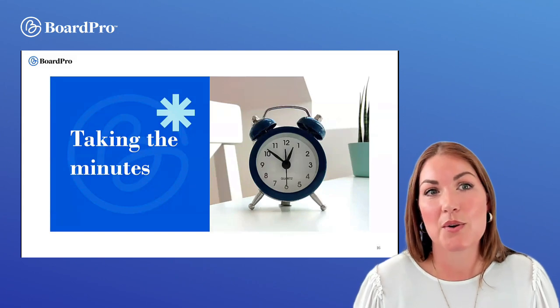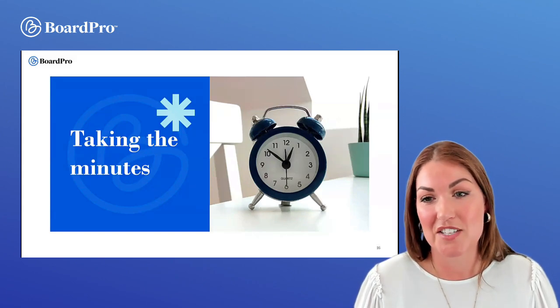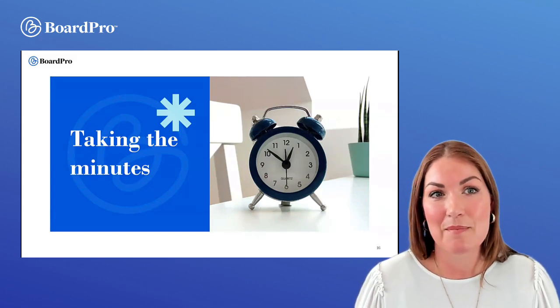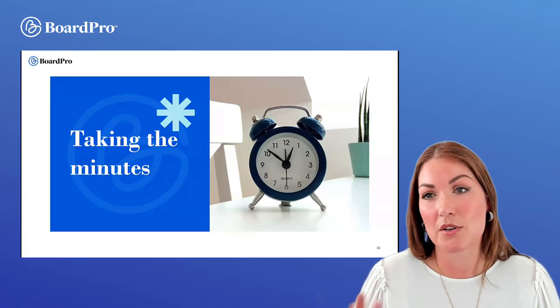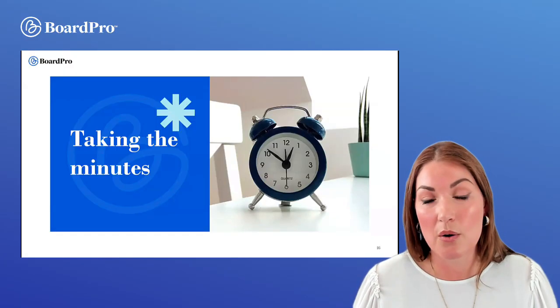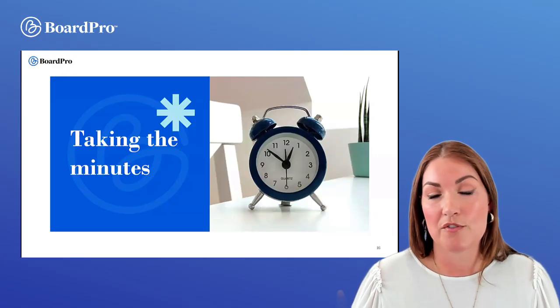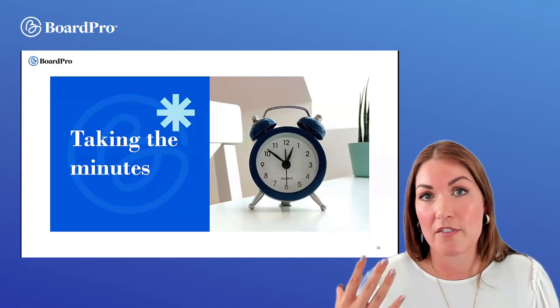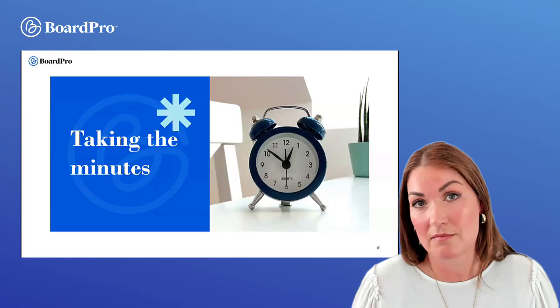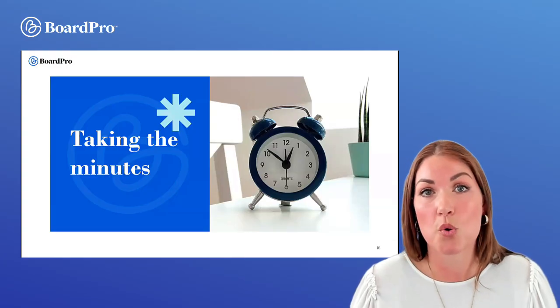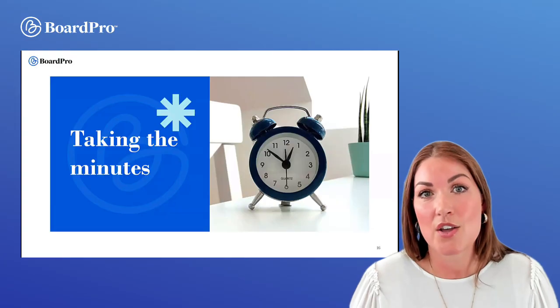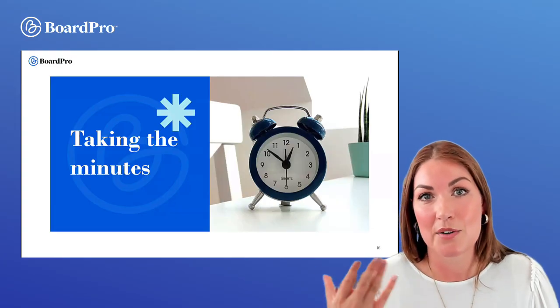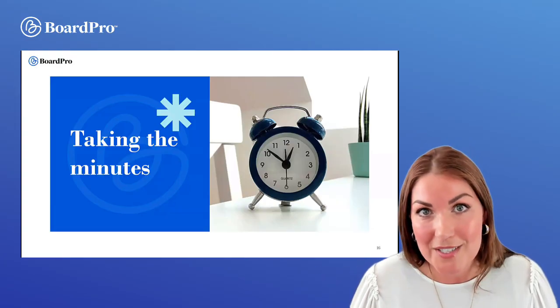So moving on to actually the how of taking the minutes. As Margot touched on, minute taking is a skill. It's not something that people just automatically know. Often you'll find that lawyers or finance directors are taking the minutes, and they've actually been taught what needs to go into them as part of their degrees. So it's not something that is just going to be obvious to you if you're new to taking the minutes.